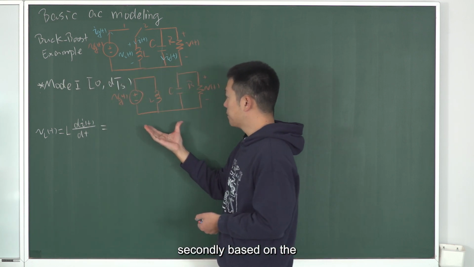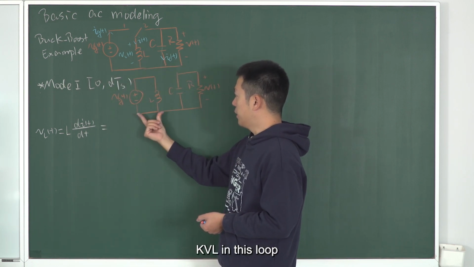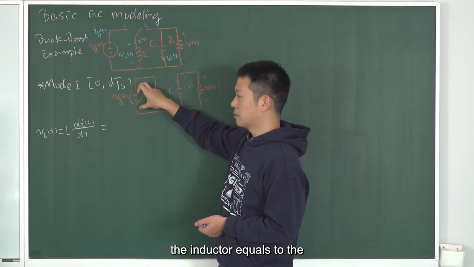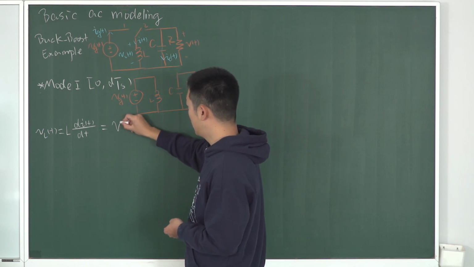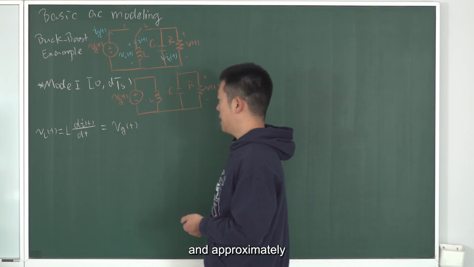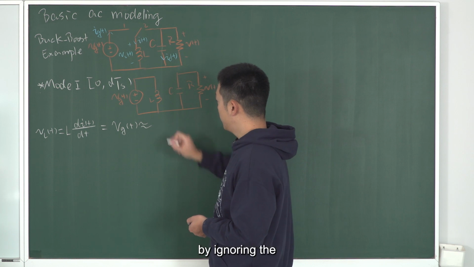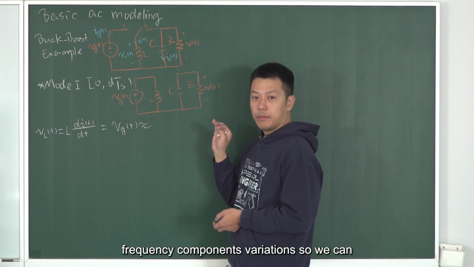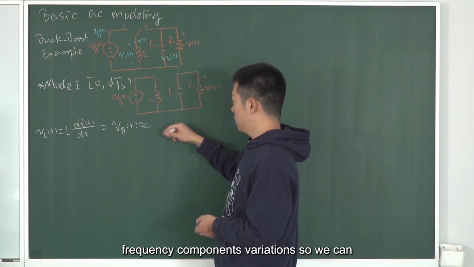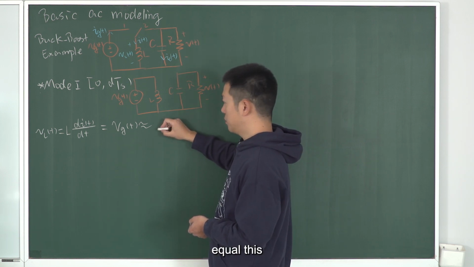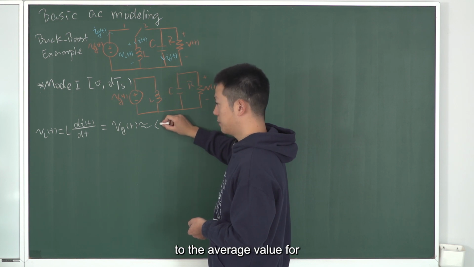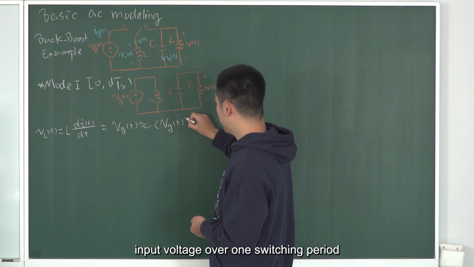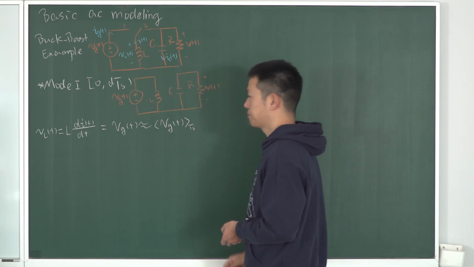Secondly, based on KVL in this loop, the voltage across the inductor equals the input voltage. And approximately, by ignoring the switching frequency components' variations, we can set this equal to the average value of the input voltage over one switching period.